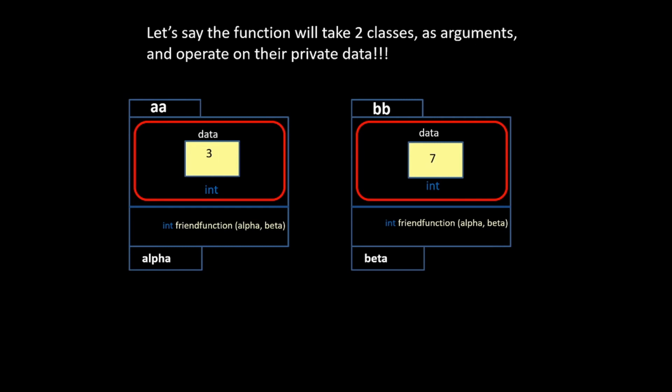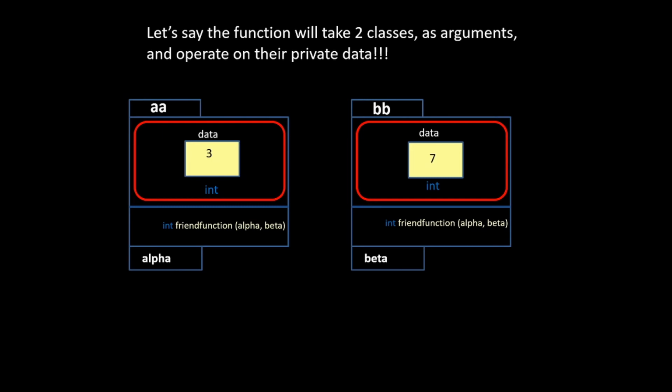Inside they have identical looking data members, which is a type int, and it's valued to 3 and 7 respectively. But inside they've got this int friend function, and it's passing two objects. Let's say the function will take two classes as arguments and operate on their private data.